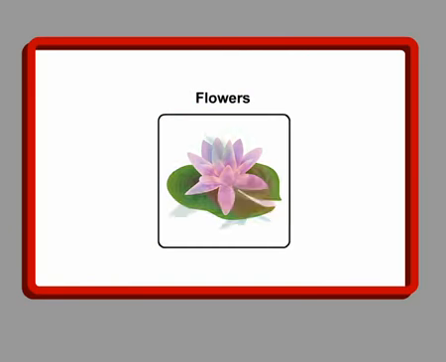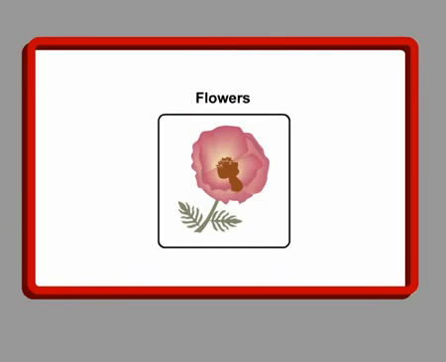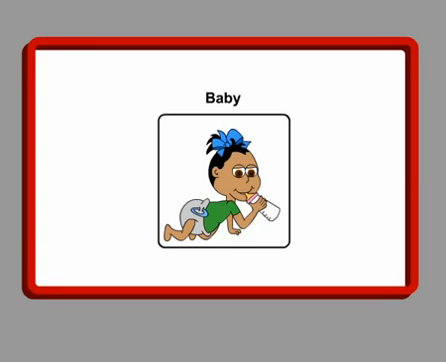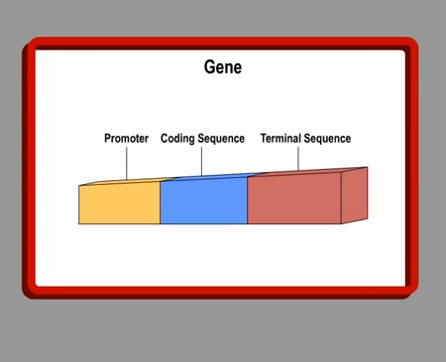It determines, for example, the color of a plant's flowers or a baby's eyes or hair. Genes contain the information for making a specific product, usually a protein. A gene is made up of a promoter, a coding sequence, and a terminal sequence.